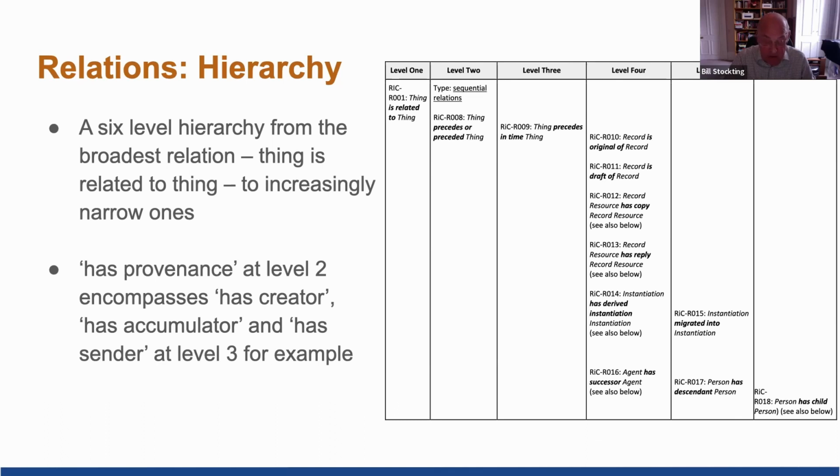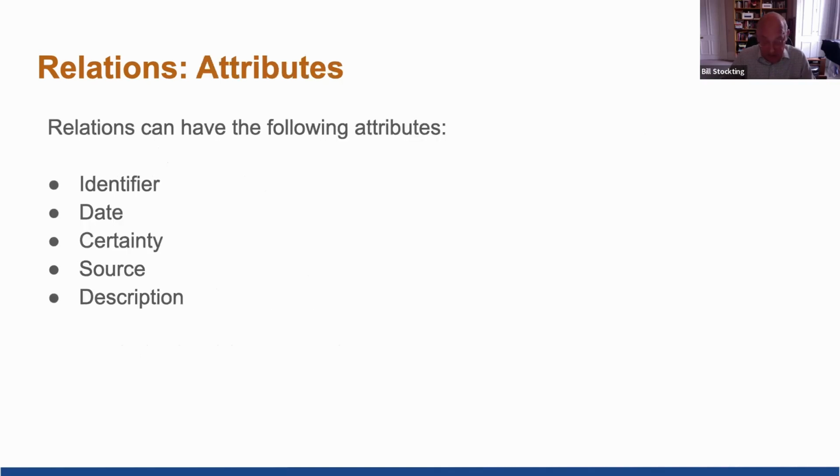The level 2 provenance relation, has provenance, encompasses the relations has creator, has accumulator, and has sender at level 3, where greater specificity of the relation between an agent and a record resource is known or desirable. It should also be noted that the structure is polyhierarchical, meaning that some relations appear in more than one category and/or level.